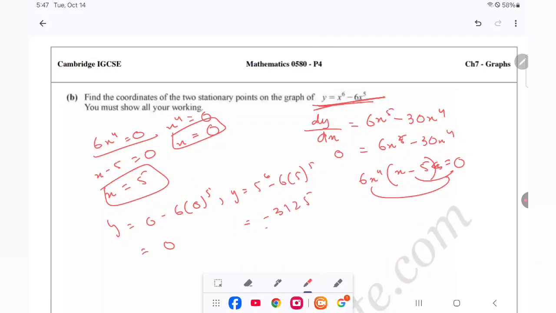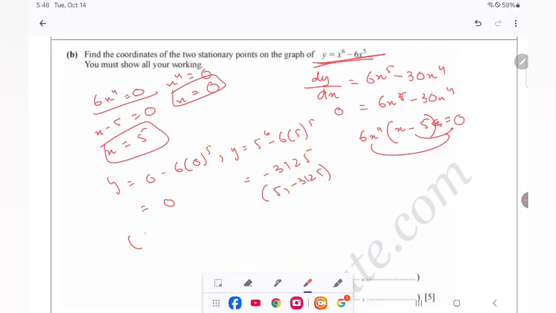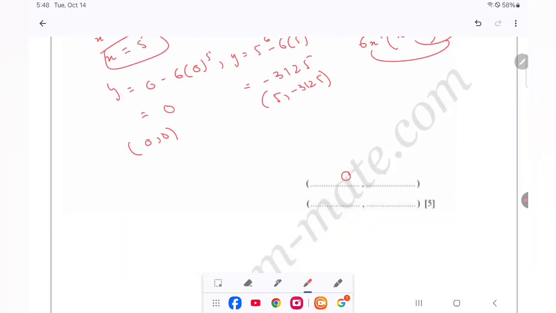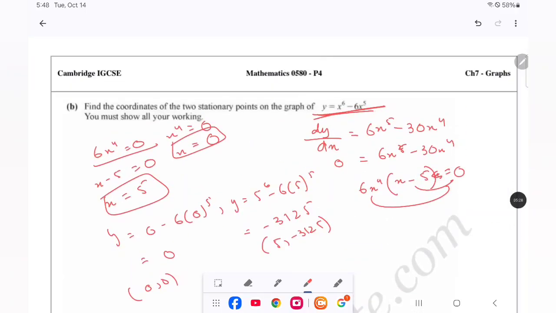On x equals 5, the y is negative 3125, and on x equals 0, y is also 0. So this is our solution of part B.